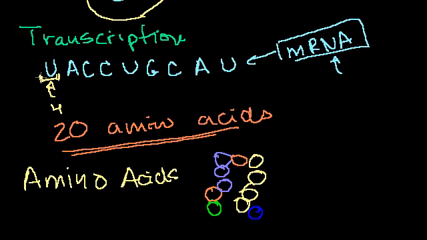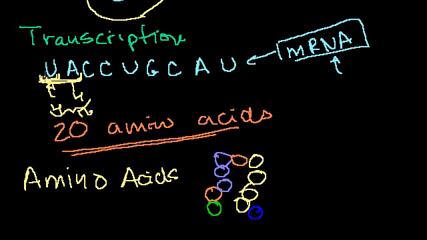Well, if we include 2 of them, if we include 2 bases, then how many combinations can we have? Well, we have 4 possibilities here, and then we'd have 4 possibilities here. So we'd have 16 possibilities. But that's still not enough. That's still not enough to code for one of 20 amino acids, to say, hey, this is going to code for amino acid number 5. And we'll talk more about their actual names. So what do we have to do?